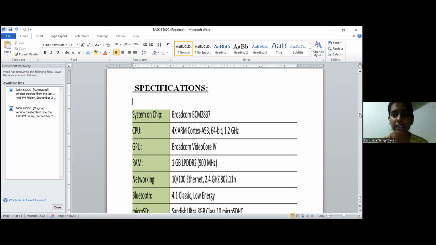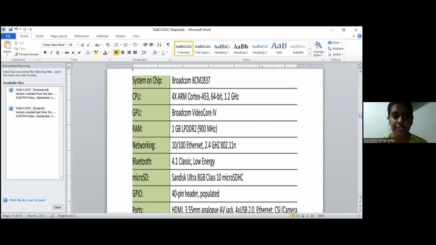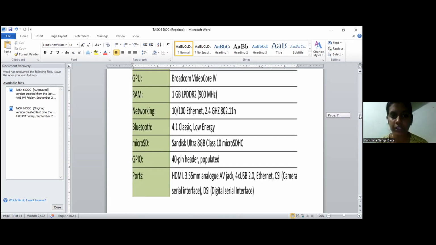As we have already said, there are many options for storage. We can use Broadcom VideoCore for the graphics processing unit, and the Bluetooth is version 4.1 classic. It has a micro SD card slot which we can use to store memory. Also, the general purpose input/outputs are 40-pin headers, and the ports are HDMI and 3.5 mm analog.